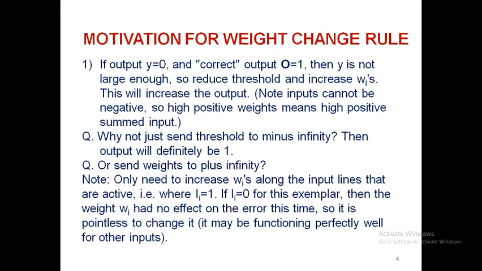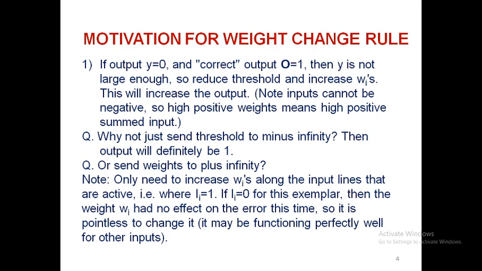Going further, what is the motivation for this weight change learning rule? Let us see in detail. Suppose the output y, obtained for the random weights and random threshold, is 0. But the correct output O is 1. What we require is 1, that is the correct output, but we got 0.